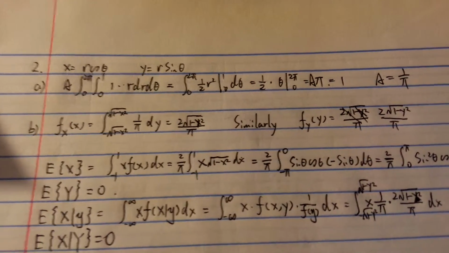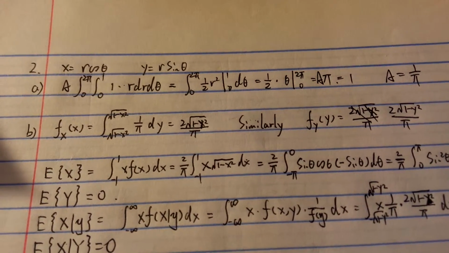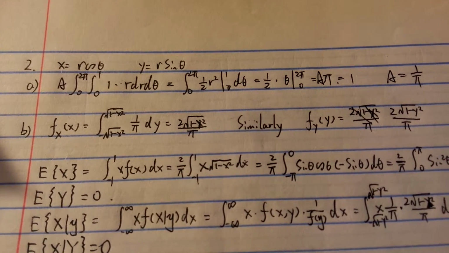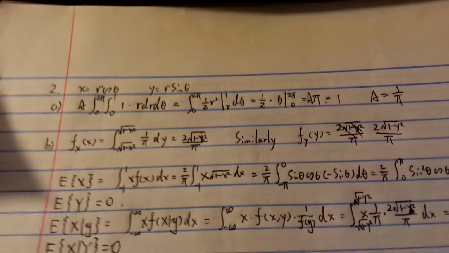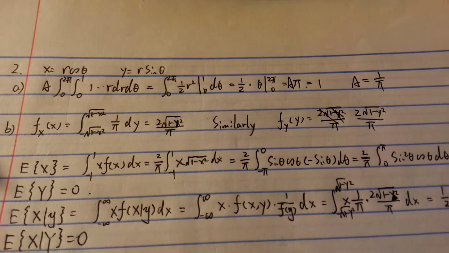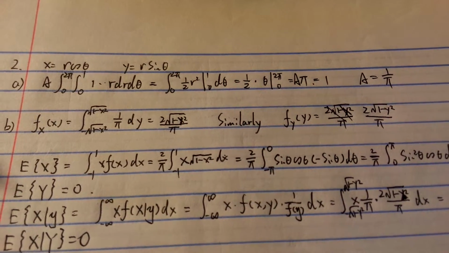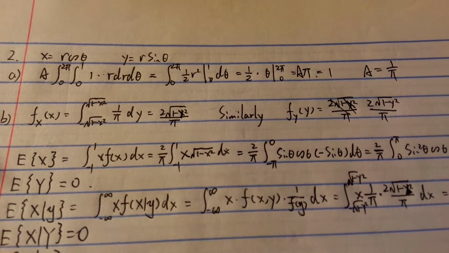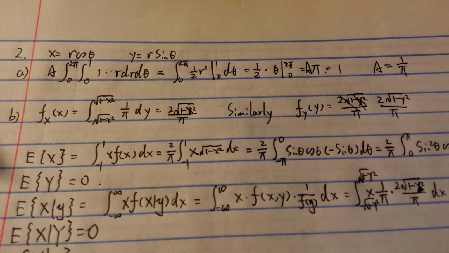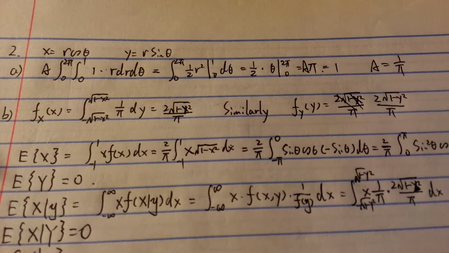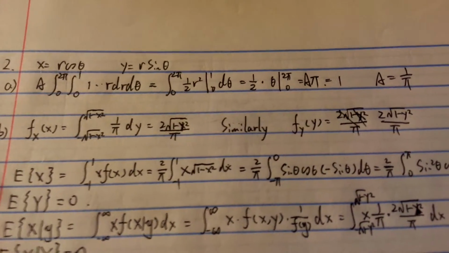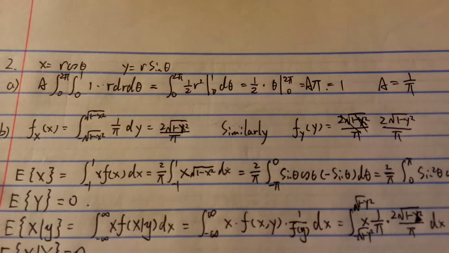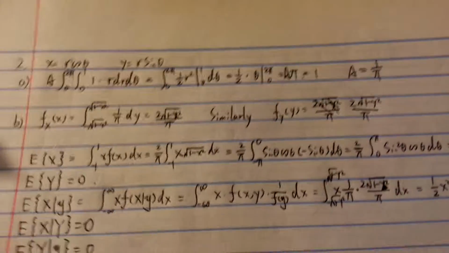So let us see. This time we change variables: x equals r times cosine theta and y equals r times sine theta. In this case, the integral becomes r from 0 to 1 and theta from 0 to 2 pi. So we can see that finally we get a times pi equals 1, and a equals 1 over pi.